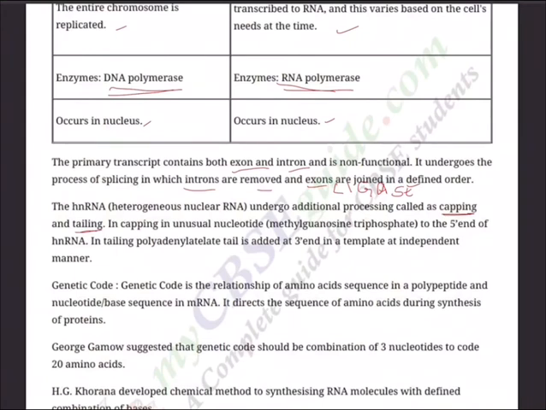In tailing, a polyadenylate tail is added at the 3' end in a template-independent manner. The polymerase continues transcribing the unit, reaches the termination site, and the mRNA transcript is released and is ready for translation.